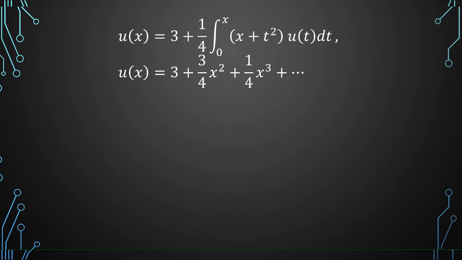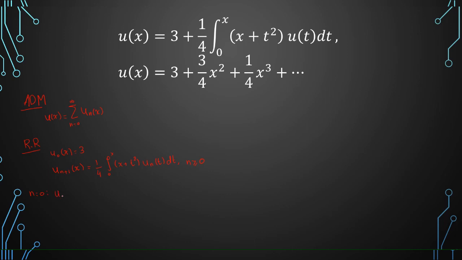First of all, we of course are using the ADM method, so u of x will be equal to, according to the method, the sum from 0 to infinity of un of x, and our recurrence relation will be u0 of x equal to 3, and then un plus 1 of x will be equal to 1 over 4 the integration from 0 to x of t squared un of t dt, where n is greater than or equal to 0, so we can obtain more elements, okay.